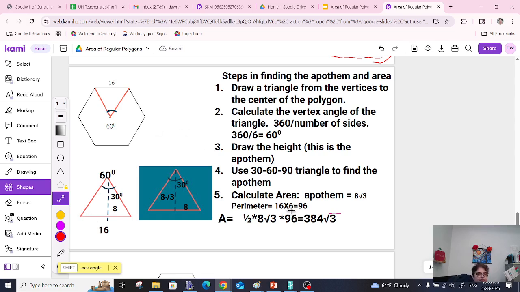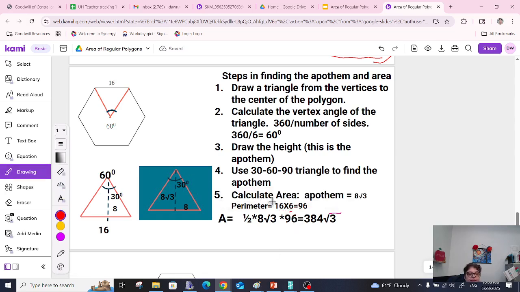Why am I using the number 6 here? Because there's 6 sides. And so perimeter is going to be 16 times 6 because of the 6. I mean, you could put 16 plus 16 plus 16, 6 times, but it just makes sense to multiply this by 6, and that is perimeter.